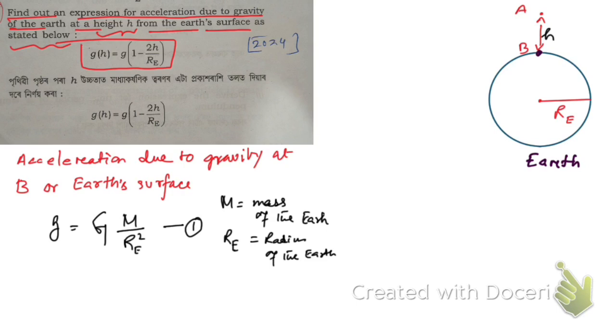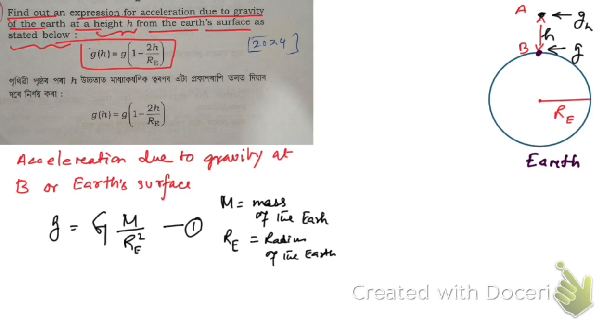Now if you find the acceleration due to gravity at this point A, here you see the figure. So at B, acceleration due to gravity is small g, and at this point it is suppose g dash, or let me write simply gh.